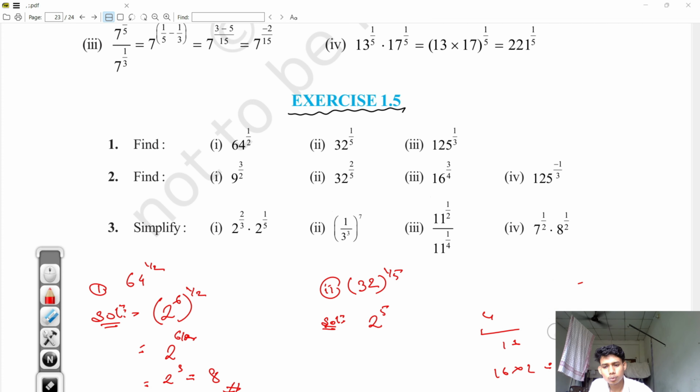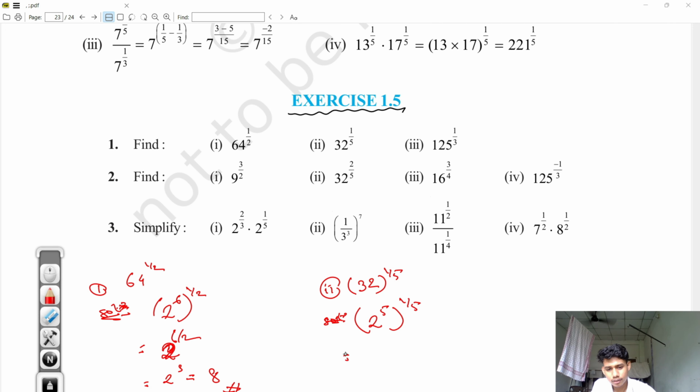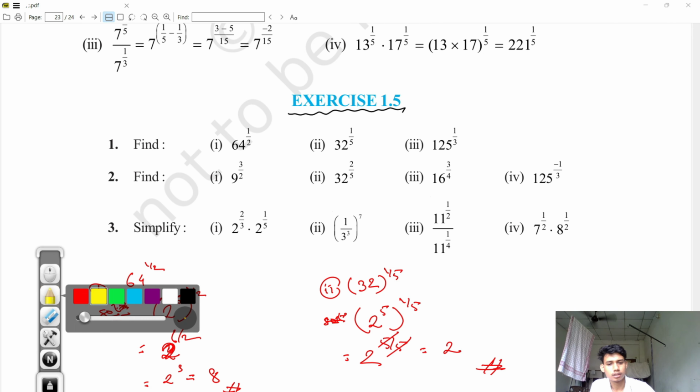So 2 to the power 5 is 32. Now 2 to the power 5 is 32 and whole to the power 1 by 5. That implies 2 to the power 5 by 5, which is equals to 2, as 5 and 5 will cancel each other.